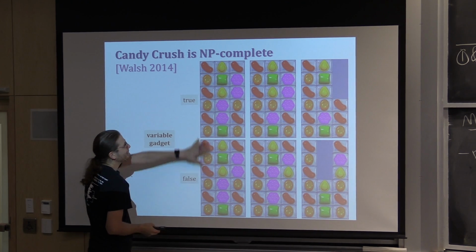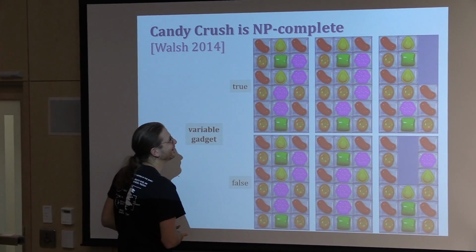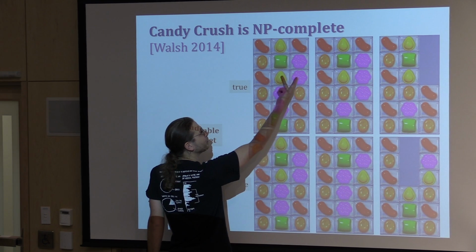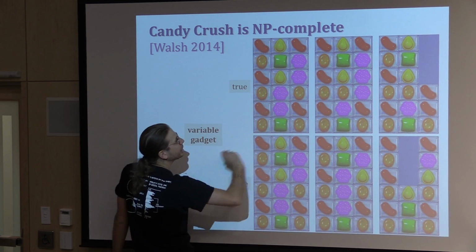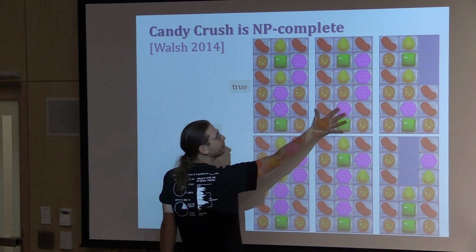So you have a grid of colors, colored candies, and a move in this game is to take two candies and switch their order. I guess in this picture I did these two. Okay, if you switch these two, you get this picture.